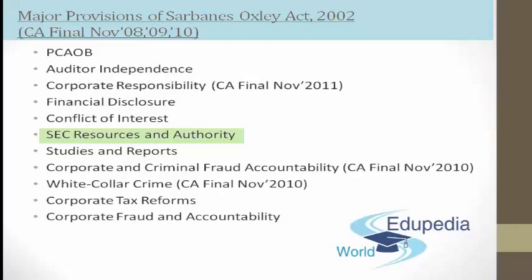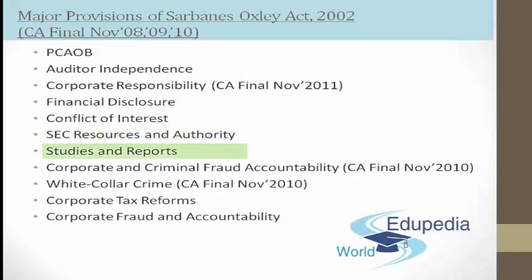So this is under the authority of the Securities Exchange Commission. They can provide additional funding and they have the power with respect to censure and the imposition of prohibitions on persons and corporate entities in case there is some non-compliance with the law.